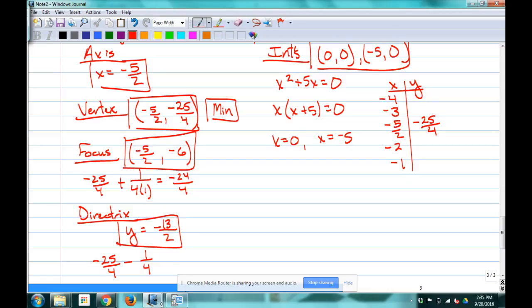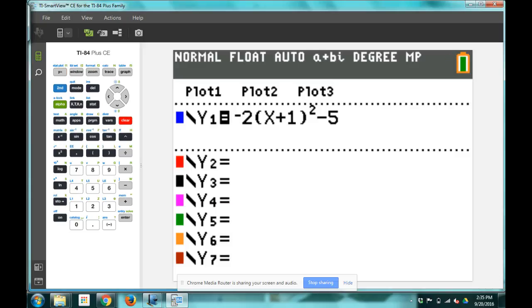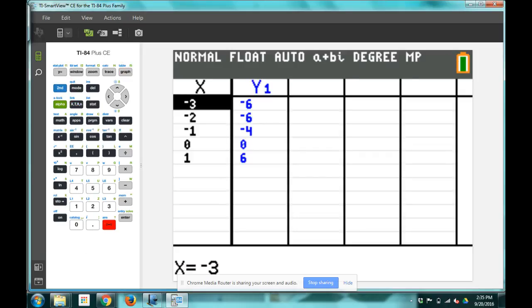So I'm going to go to the table on my graphing calculator, go to y equals, type in the equation, x squared plus 5x. Then I'm going to go to the table, and I'm just going to type in that table. Negative 4, negative 3, negative 5 over 2, negative 2, negative 1.